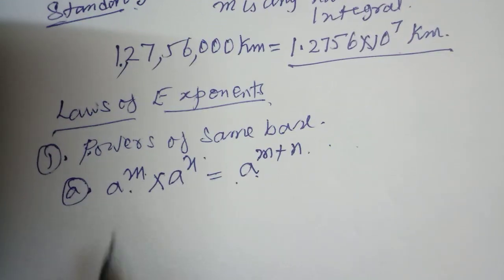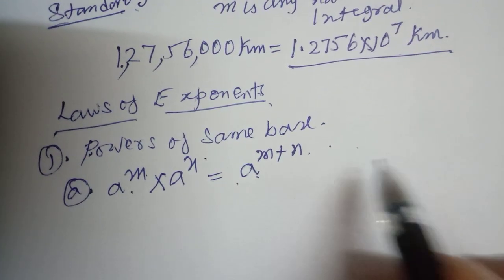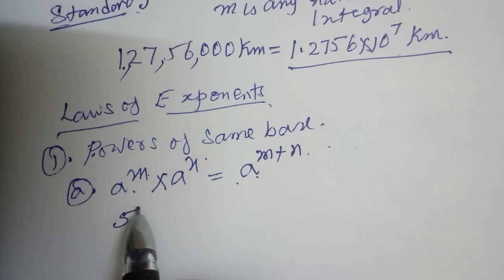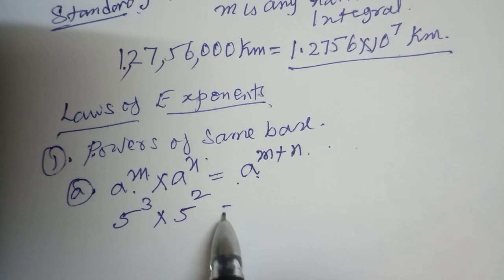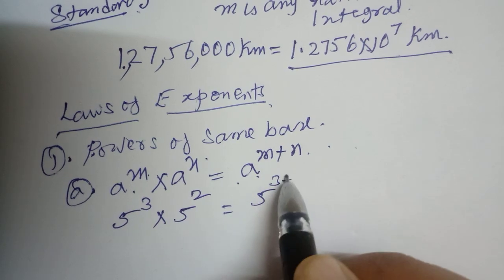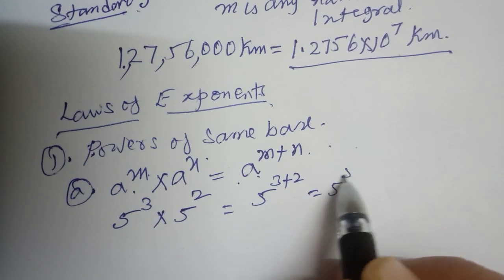Let us take an example and understand this. 5 to the power of 3 into 5 to the power of 2 is equal to 5 to the power of 3 plus 2, that is 5 to the power of 5.